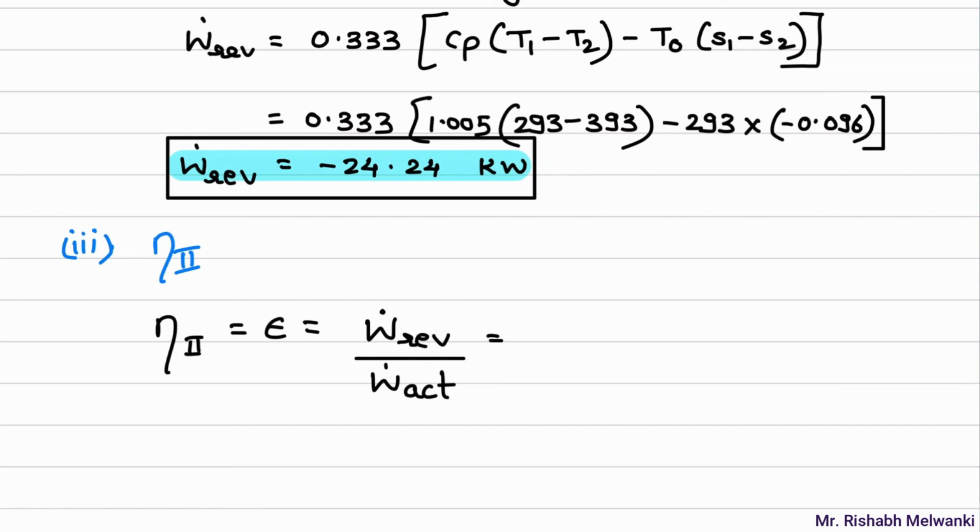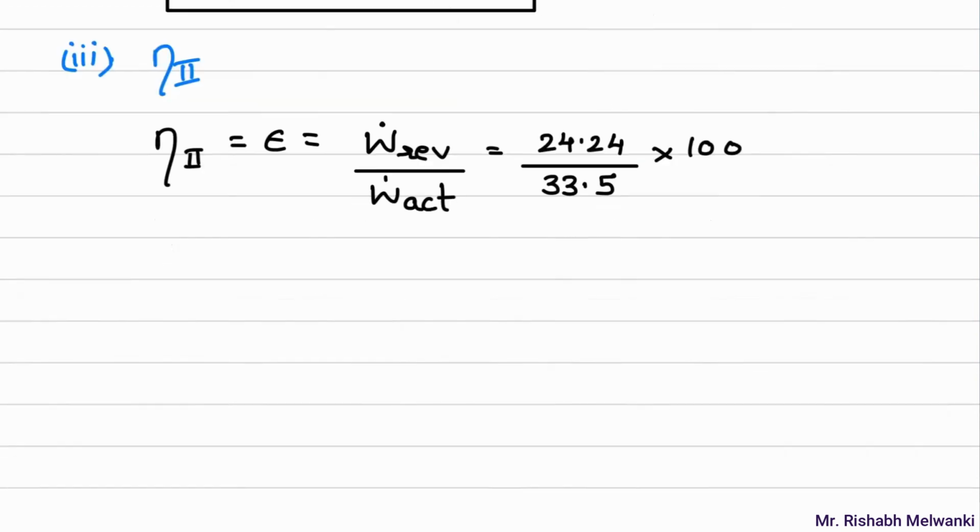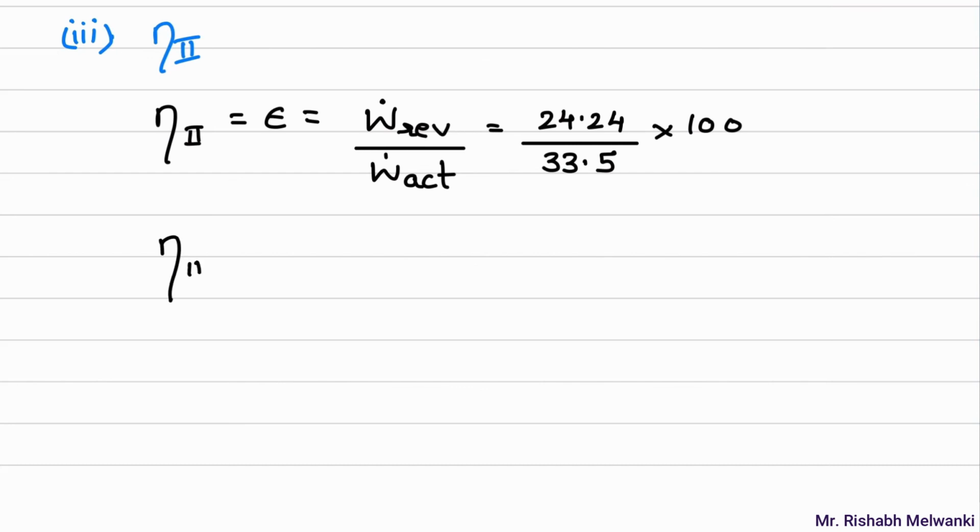This value is 24.24 kilowatt upon the W dot actual value, 33.5. If you multiply by 100, you will get this value in percentage. So the second law efficiency or effectiveness comes out to be 72.36%.